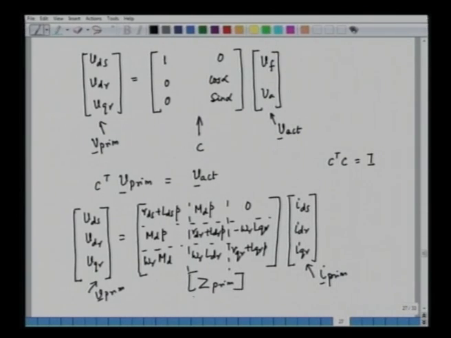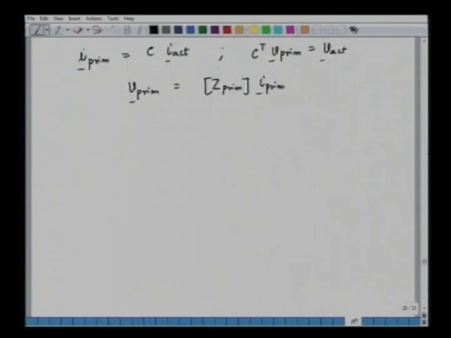And here if you pre-multiply this with C transpose, C transpose V primitive is equal to C transpose Z primitive. We can replace I primitive by C into I actual. So, this equation will give us the equation with actual variables, because C transpose V primitive is V actual.